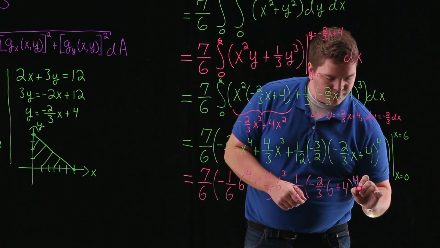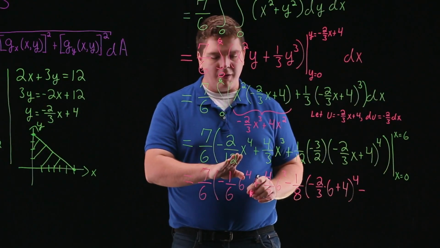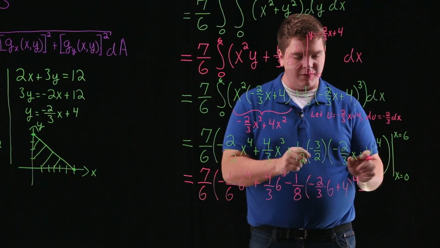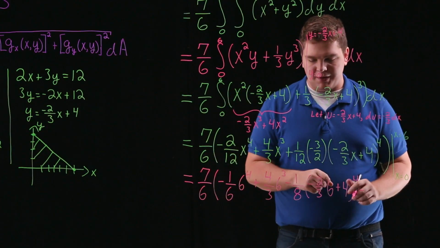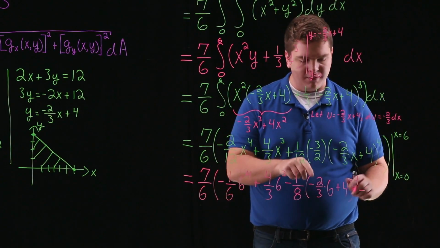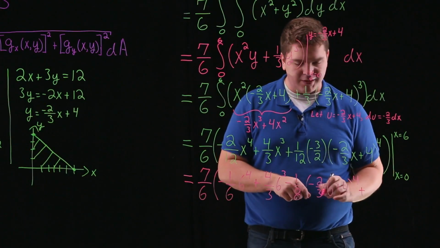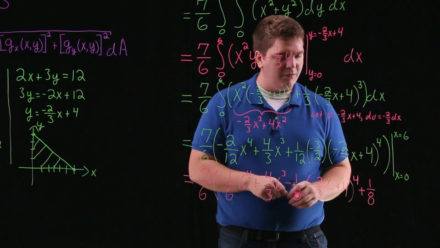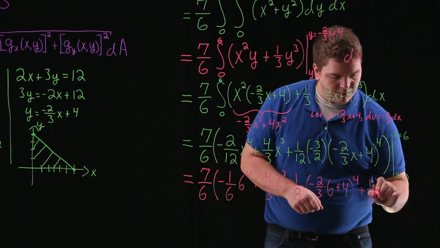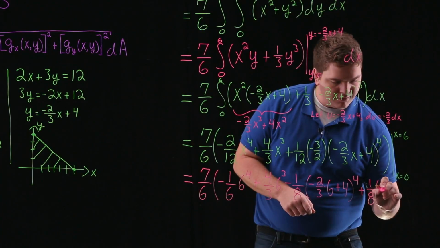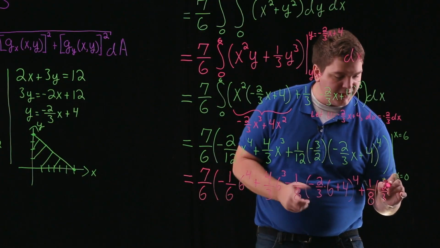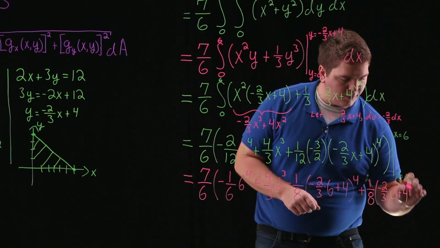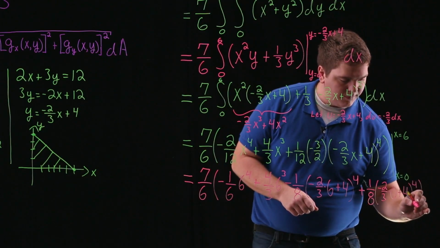Now when we substitute in 0, well, we don't have this term. We don't have this term. So the only thing that we have to concern ourselves with is this here. And we know that this is going to be a negative 1/8. So this minus sign will become a plus sign. So we'll be adding 1/8 times negative 2/3 times 0 plus 4 raised to the 4th.